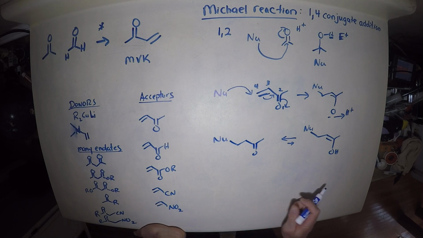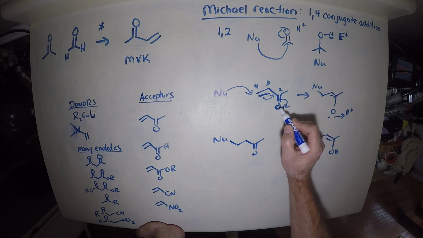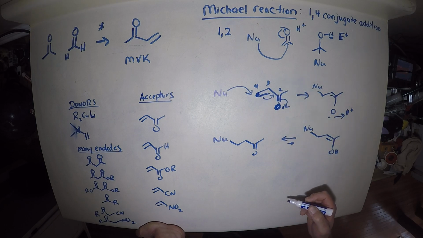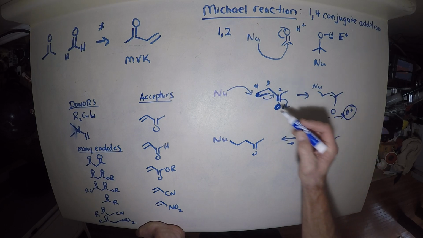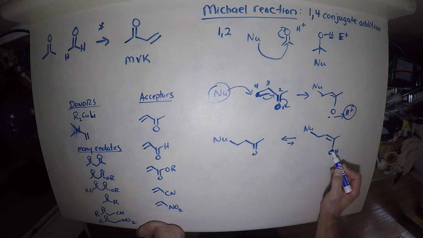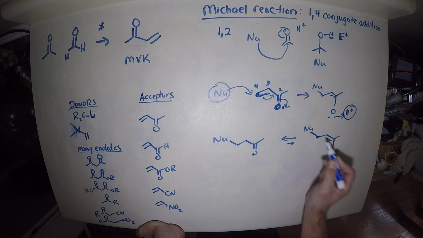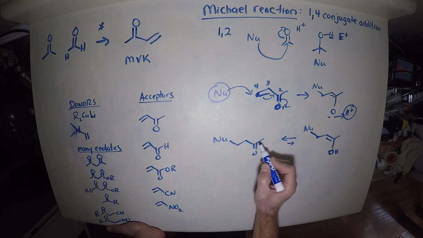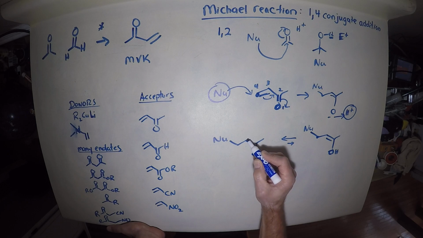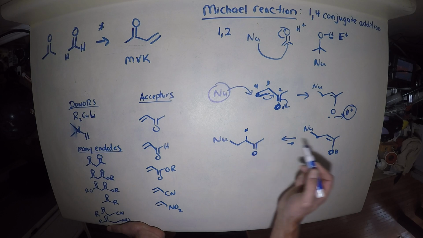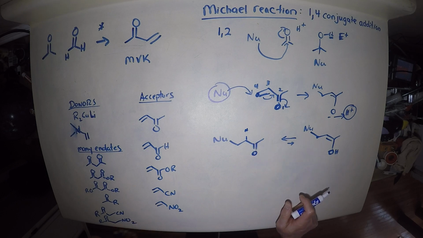So we call it a 1,4 addition because if we label that atom number 1, then that atom's number 4, and the two groups that we've added have come into number 1 and number 4, or number 1, which then tautomerizes to number 2, but it's still called a 1,4 addition.